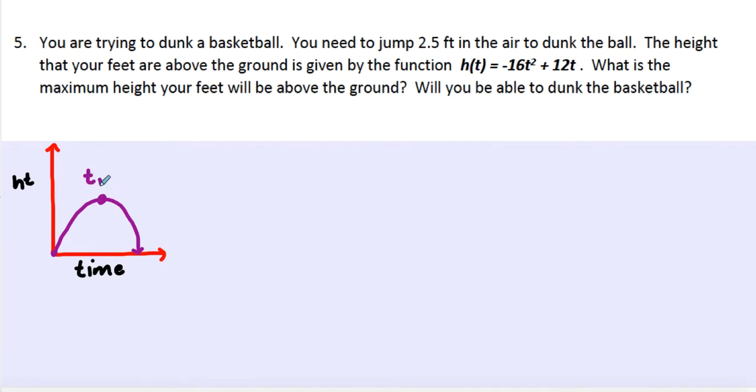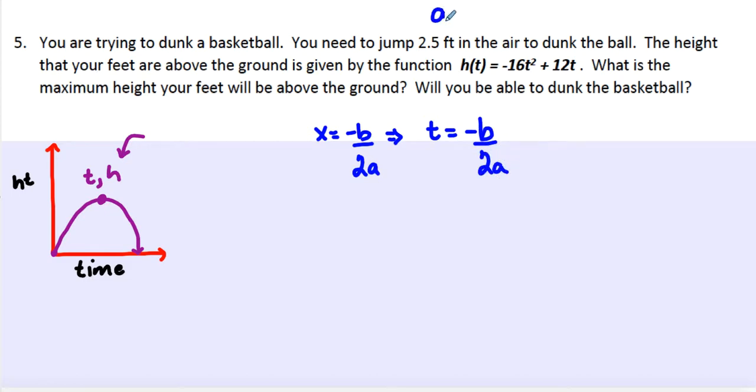It says what is the maximum height? So I actually want the y coordinate of the vertex, or the h coordinate of the vertex. So how do we find that? Well, this is a quadratic function in standard form. We find the y coordinate of the vertex by finding the x first. To find the x, we do x equals negative b over 2a. In this case, that would mean t equals negative b over 2a.